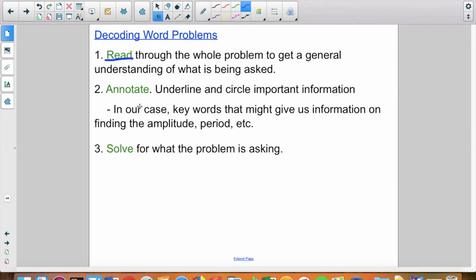If you don't read the problem through and through, you just look at the question, you will be missing some information. Annotate, just like you do in English. Underline and circle important information. In this case, it's going to be keywords that might give us information on the amplitude, period, etc. And lastly, solve what the problem is asking.